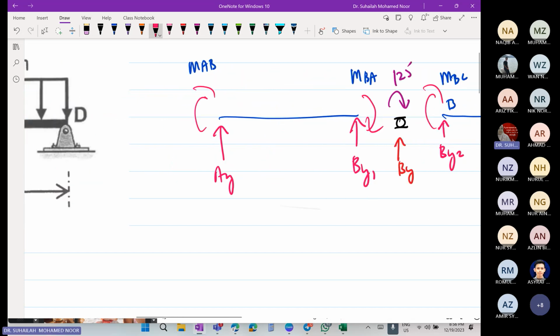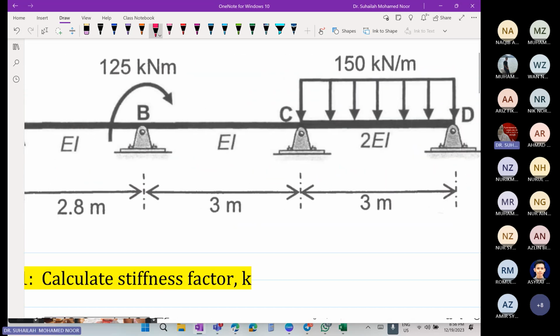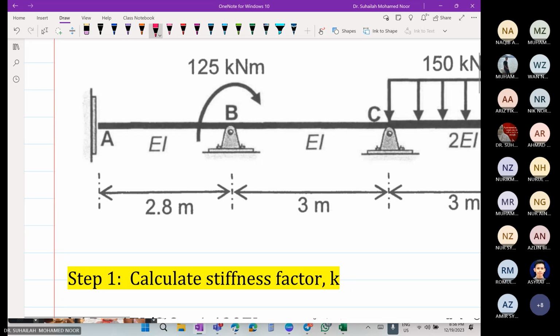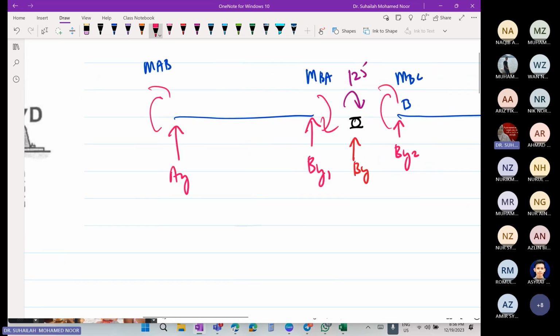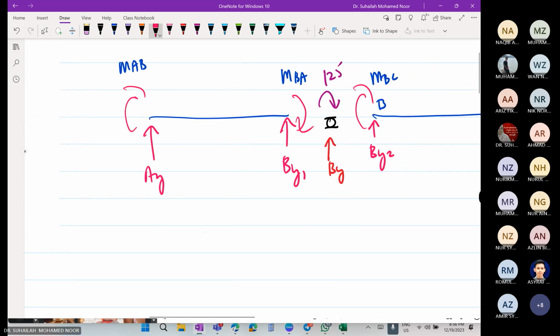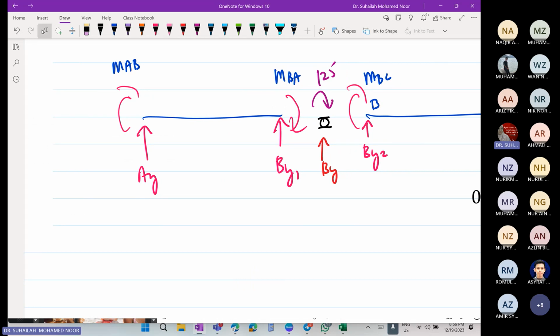This is actually what happens when we resolve this. If we want to draw the shear force diagram, we have to analyze element by element, member by member. So now we take member AB, the free body diagram of member AB.